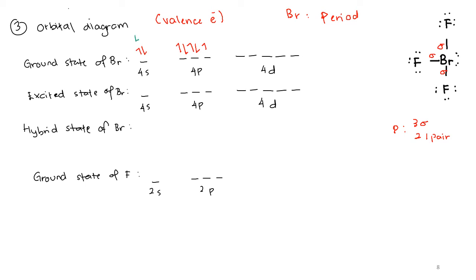You need to have 2 lone pairs, and 3 single electrons for formation of sigma bonds. But then you have a pair here, so the one at the end, you will excite into the empty d orbital.